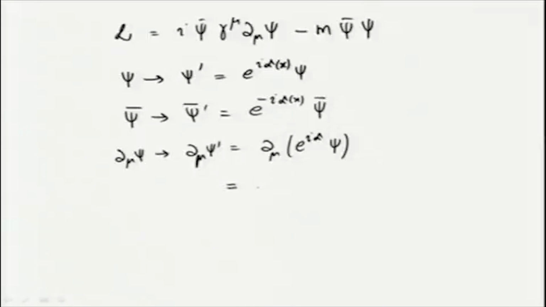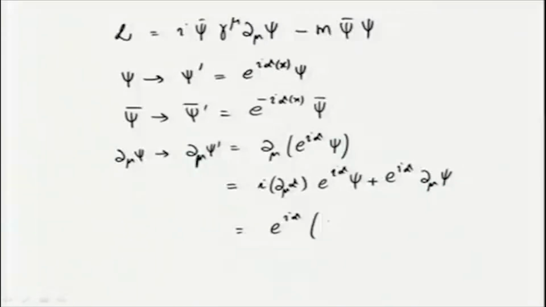So, it is i times the derivative of alpha times the same thing, e^{iα} ψ, plus e^{iα} times the derivative of ψ, or I can write this as e^{iα}(∂_μ ψ + i ∂_μ α ψ). So, there is an additional term coming up now.